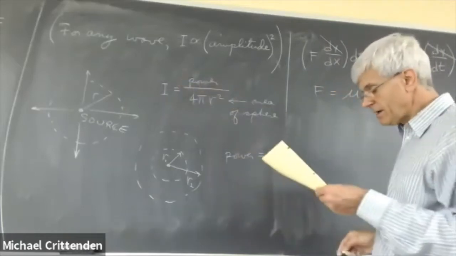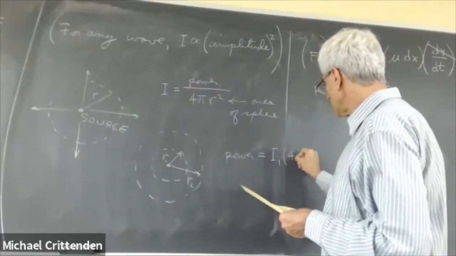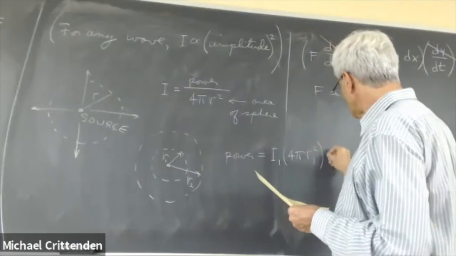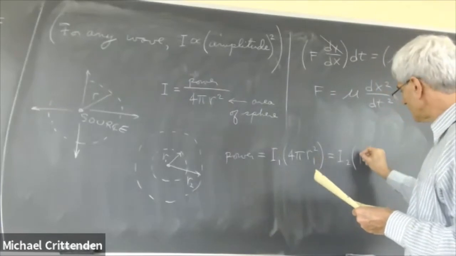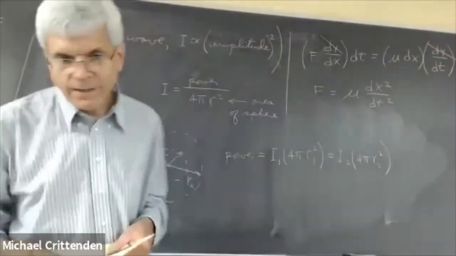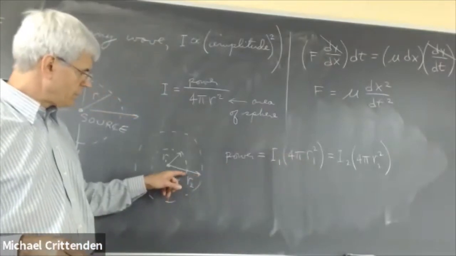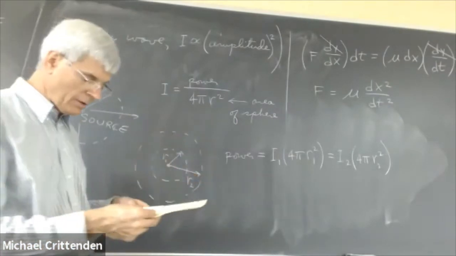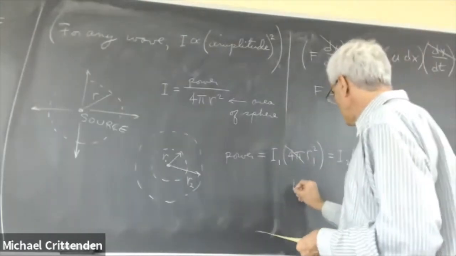Multiply both sides by the area, and the power would be I times 4 pi r squared. Because of conservation of energy, the power that goes through the one sphere has to equal the power flowing through the other sphere. You can divide through by 4 pi, get rid of those, and do a little more algebra.